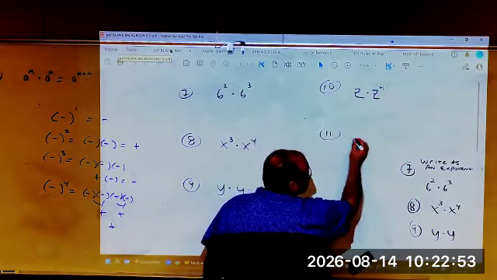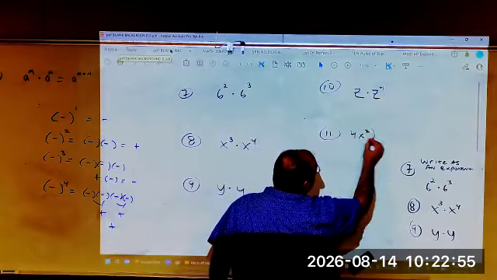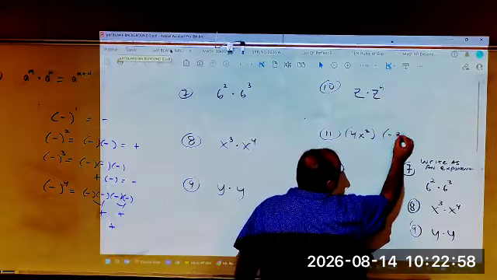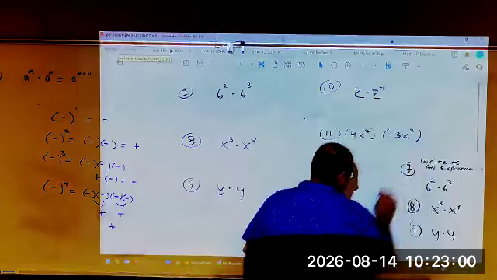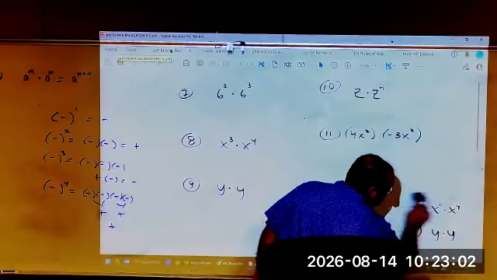Number 11: 4x to the second times negative 3x to the second times 5x to the second.